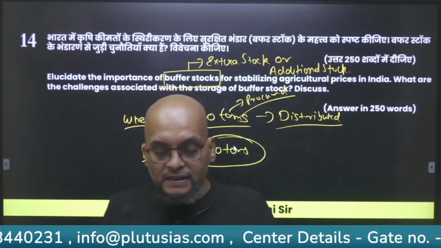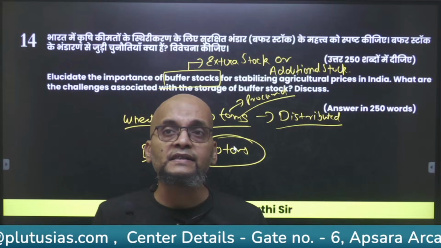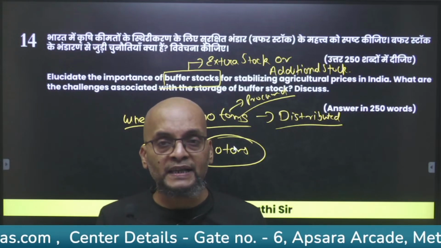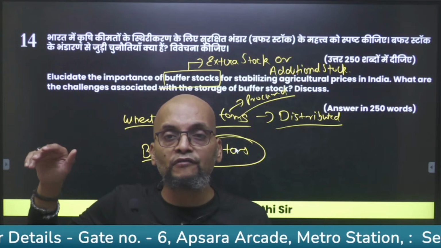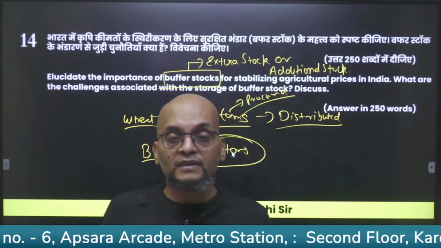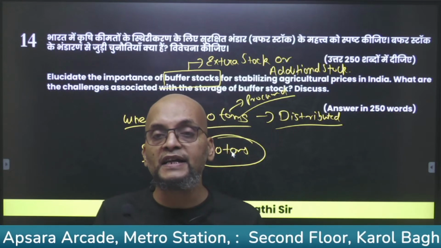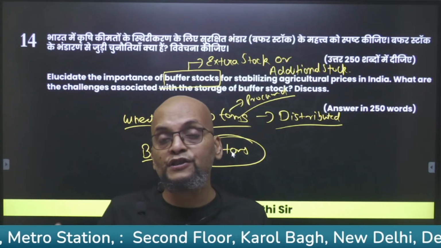Clear? Second is ensuring public distribution of food grains. To ensure that the public properly gets the food grains, they are properly distributed. It shouldn't be like that someone is having a lot of it and the other one is starving. Third is continuous supply of food grains or agricultural crops. See guys, as I have told you, rains have shifted their patterns.